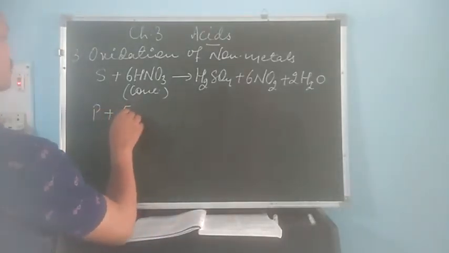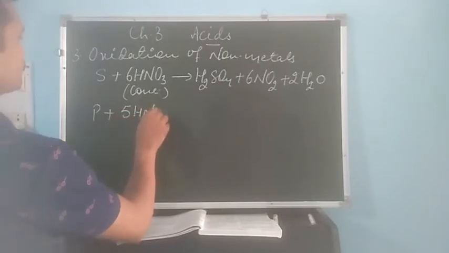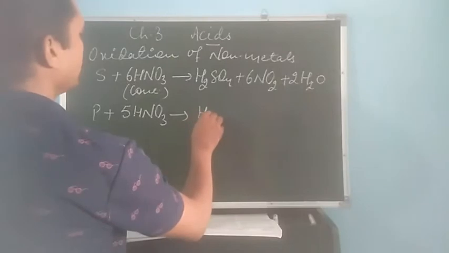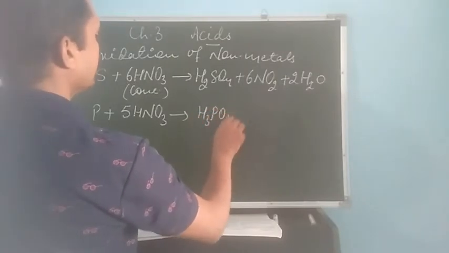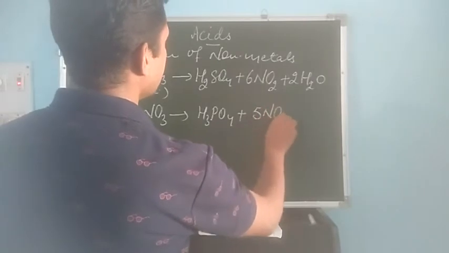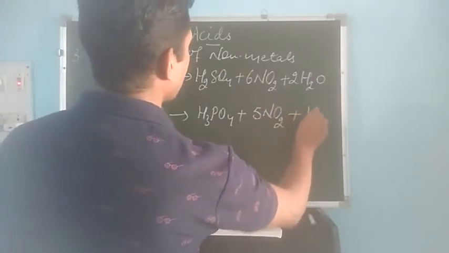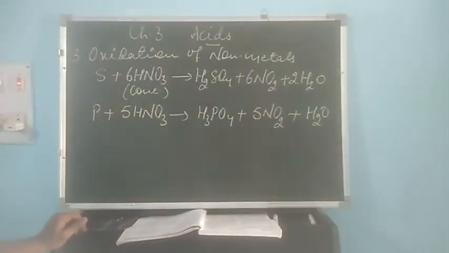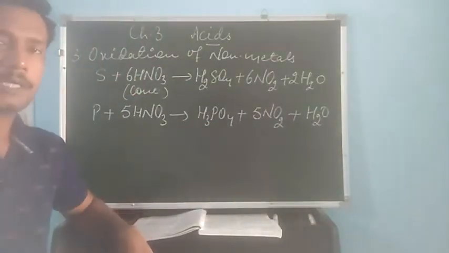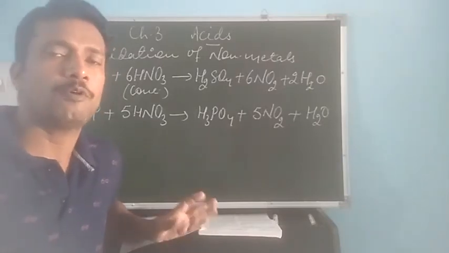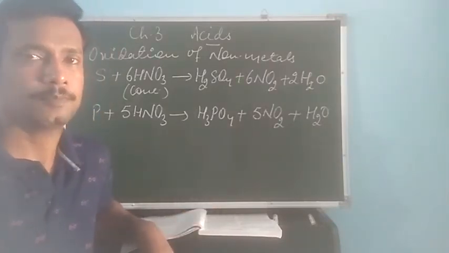This can also be oxidized, and phosphorus oxidizes to give phosphoric acid. So these two non-metals can oxidize into their respective acids with the help of an oxidizing agent.